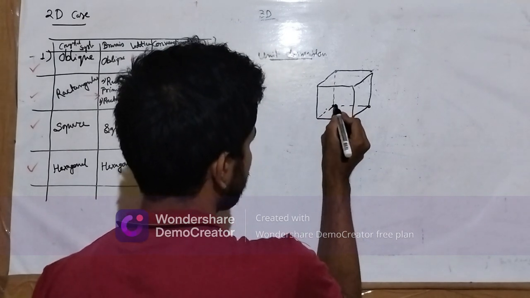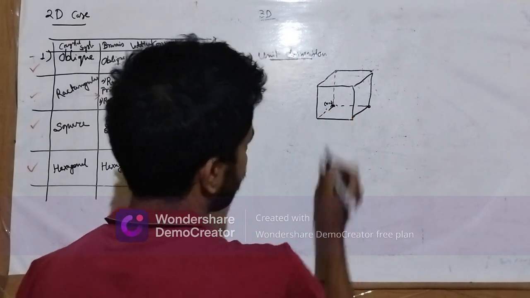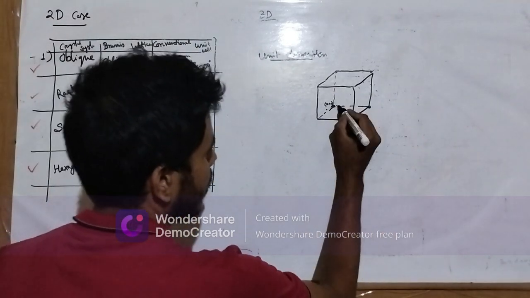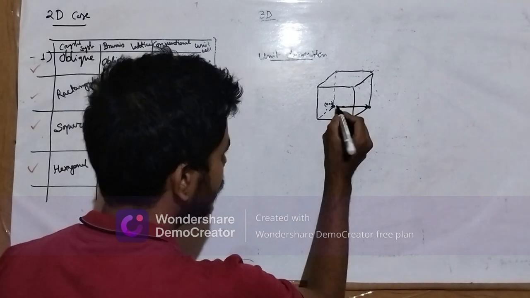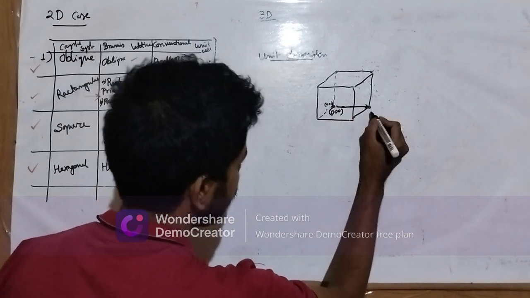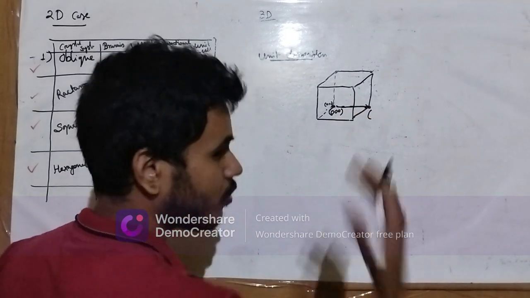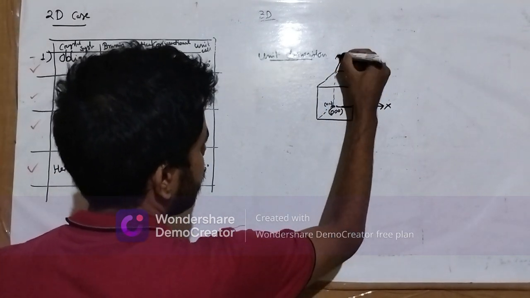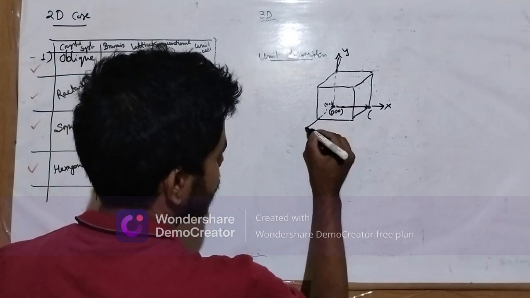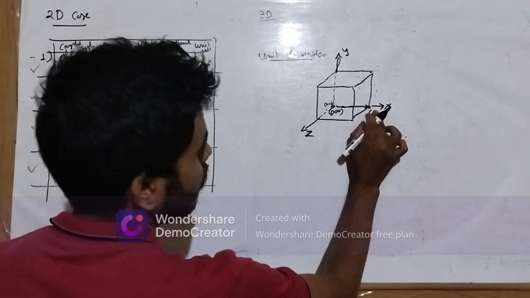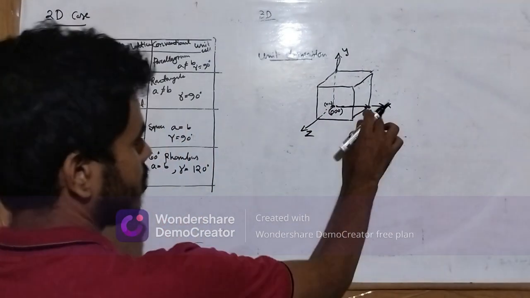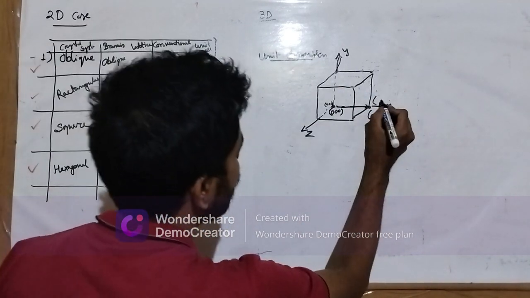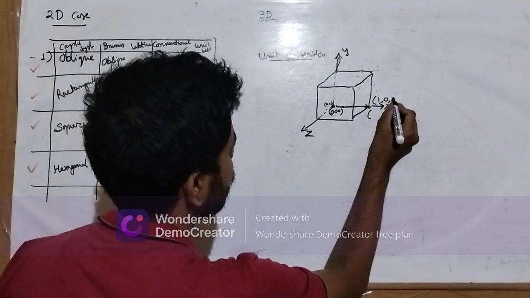Let's suppose this is the origin 0 0 0, and we draw a line connecting these 2 points. We have to define the axes also. This is the x axis, let's suppose this is the y axis, and this is the z axis. What is the coordinate of this point? This will be a unit dimension, so 1 0 0.